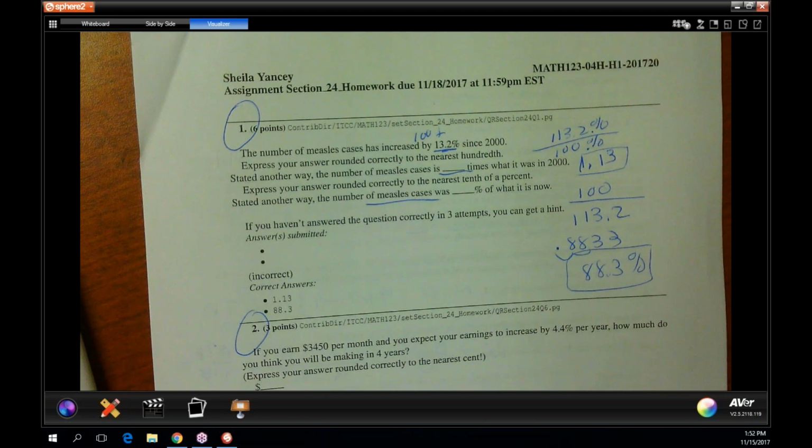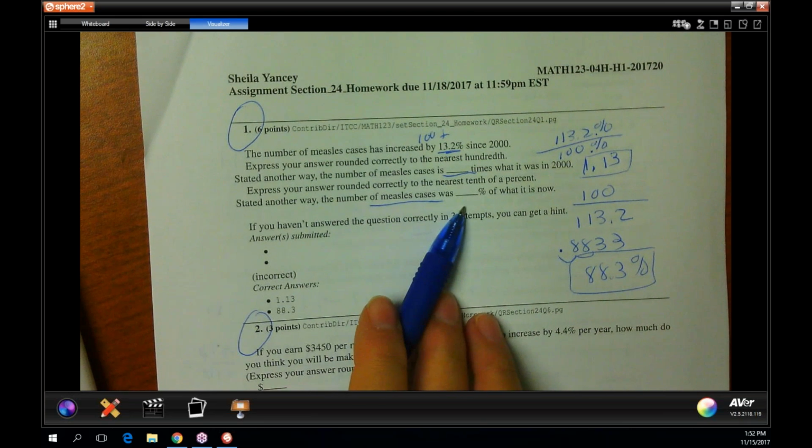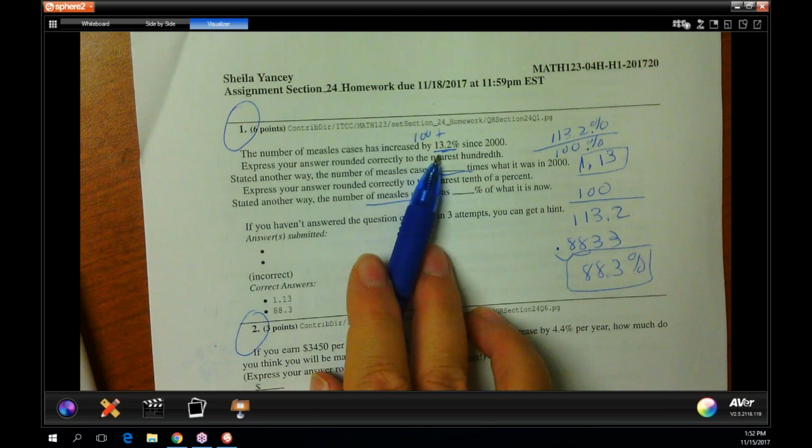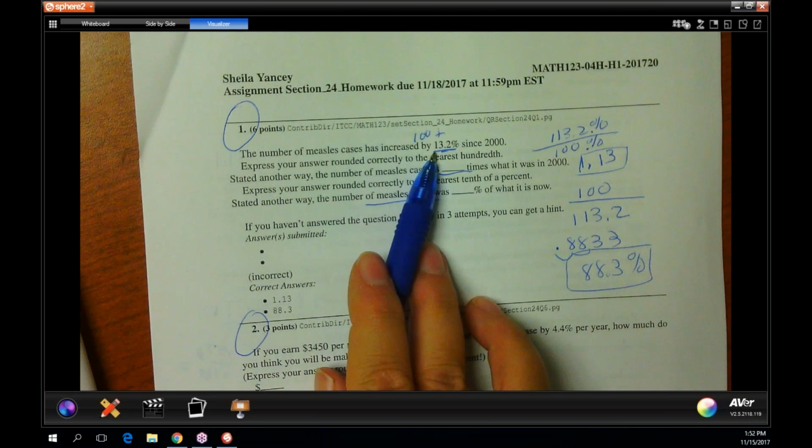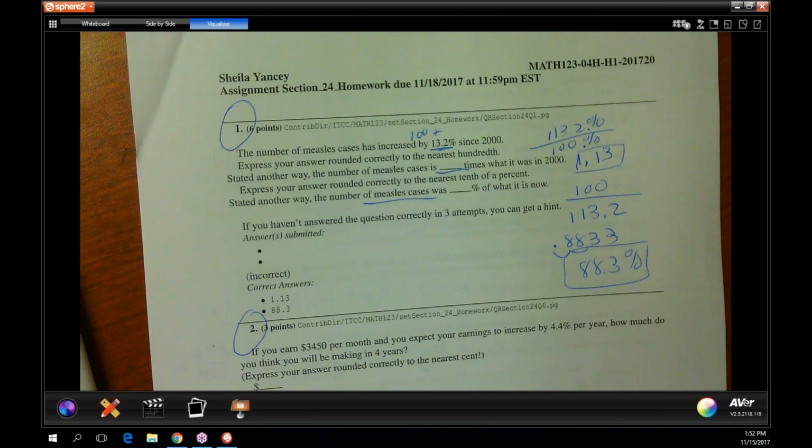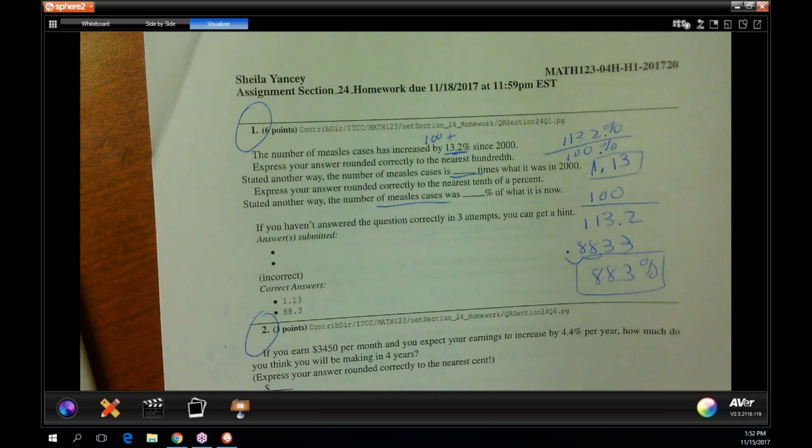It's just writing it another way, flipping it around, where 100% is present day and the 113.2 is the increase, 100 plus the 13.2.